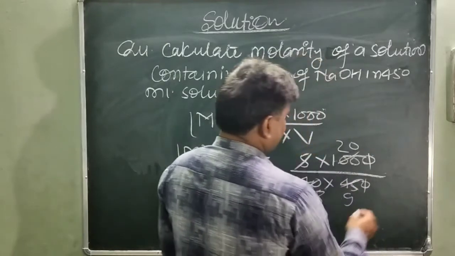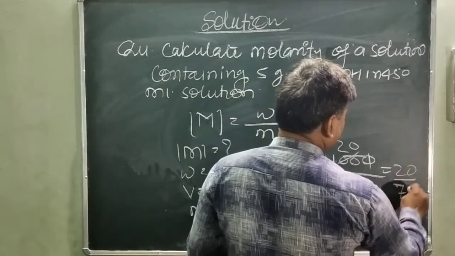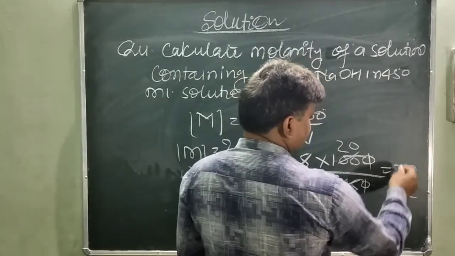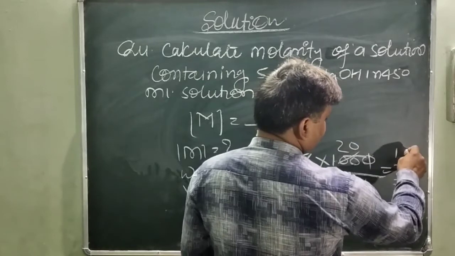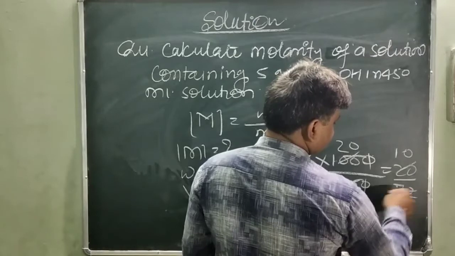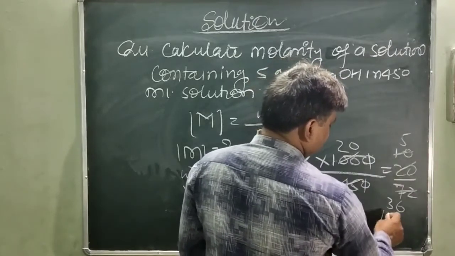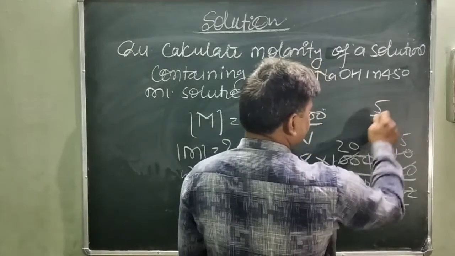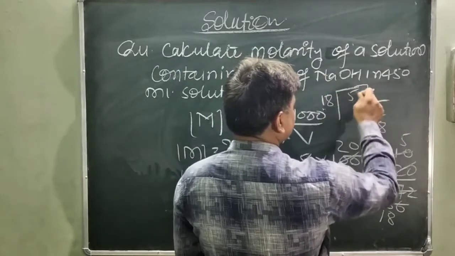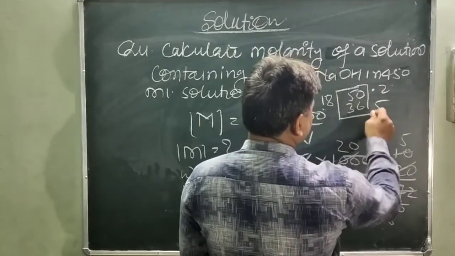So it becomes 20 upon 72, or you can also simplify this by 2: 2 ones are 2, 2 sixes are 12, 2 fives are 10, 2 eights are 16. This is 5 by 18. So 5 by 18, this is 0.02 times 36.